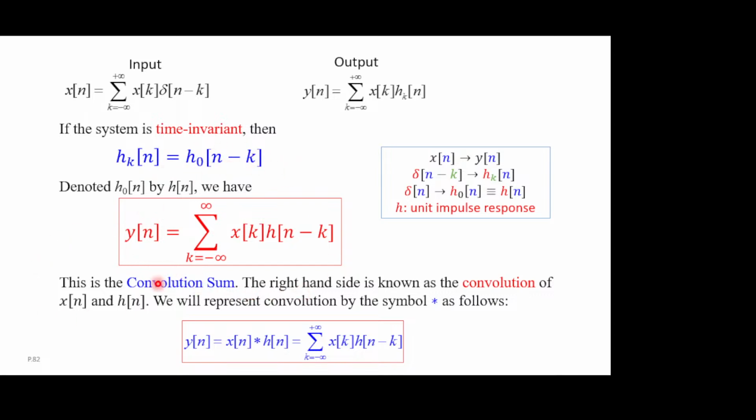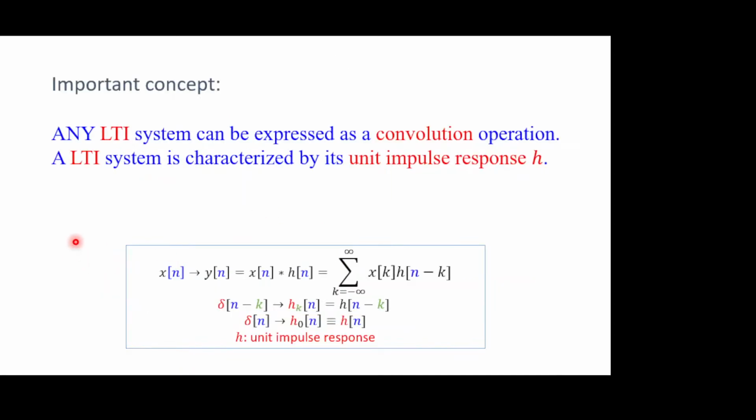Then we arrive at this relationship saying the output is just this h of 0 time shifted to different places, then multiplied by your input strength at different time steps, and summing that all together.